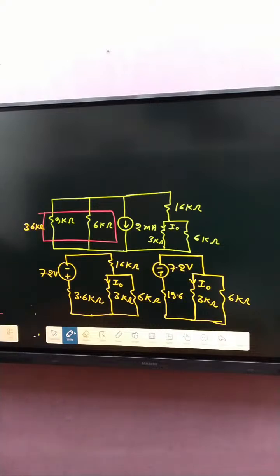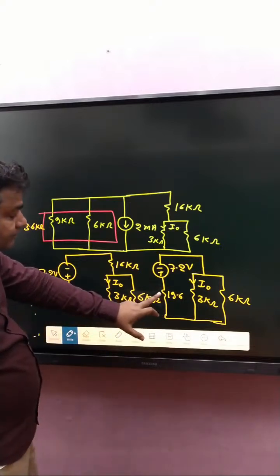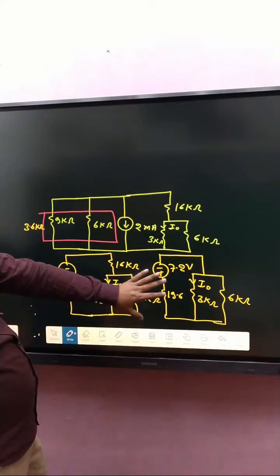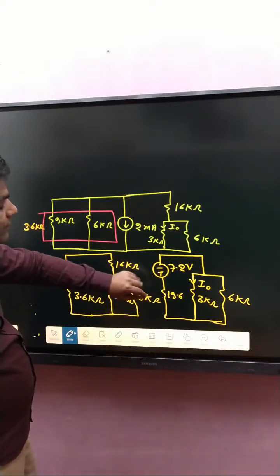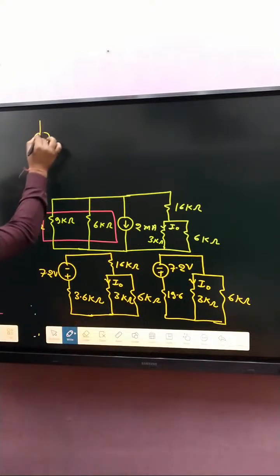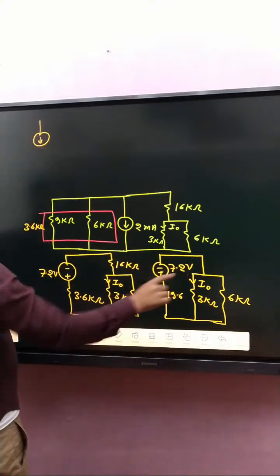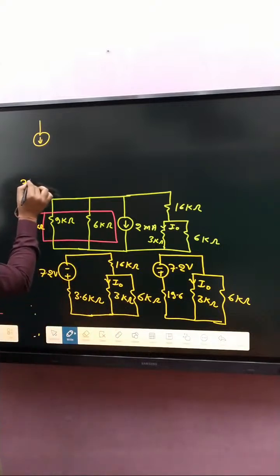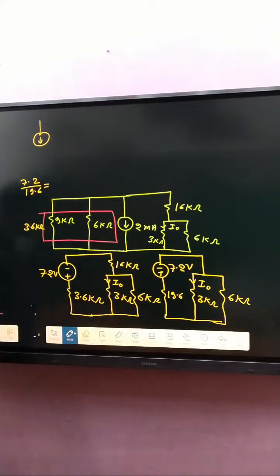Okay, 7.2 volt. Now if you recheck, or you can say that if this one is converted to a current source, then what about the current? That is 7.2 divided by 19.6. That is how much?